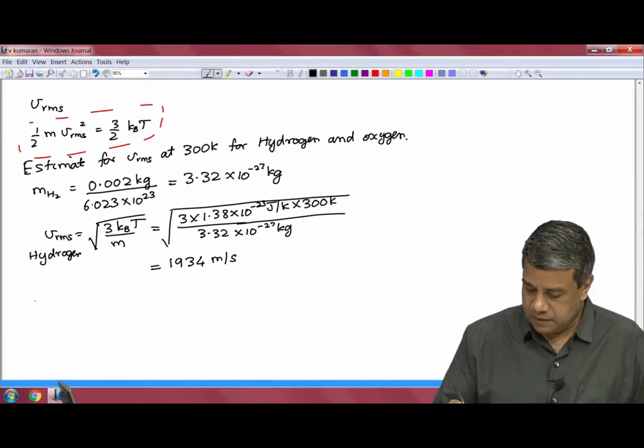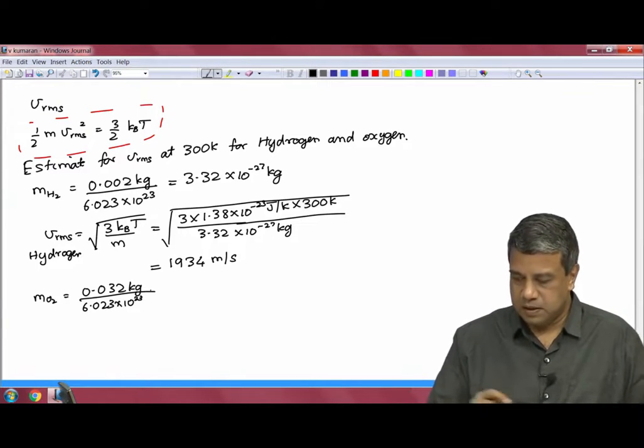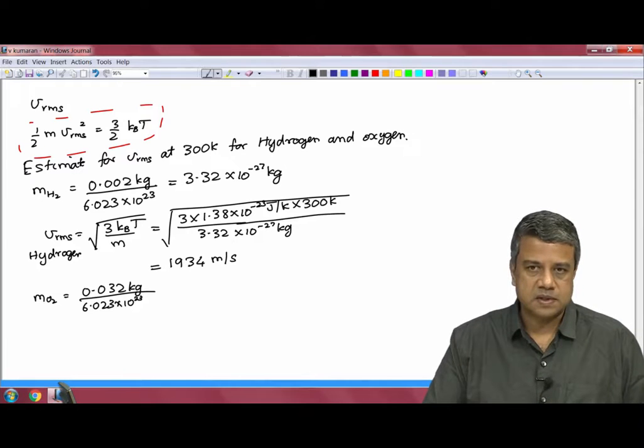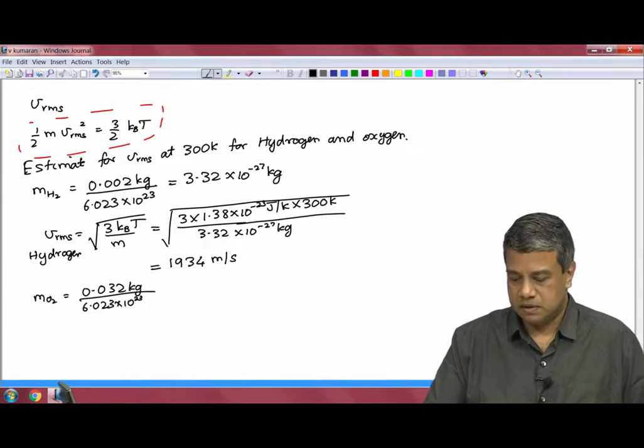For oxygen, the mass is 32, so it is 0.032 kg by 6.023 into 10 power 23. This is 16 times the mass of a hydrogen molecule. The mass of an oxygen molecule is 16 times the mass of a hydrogen molecule.